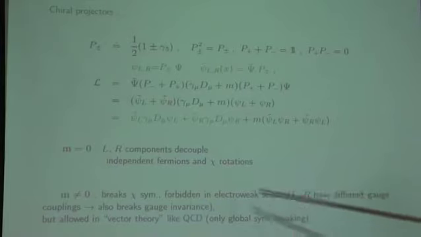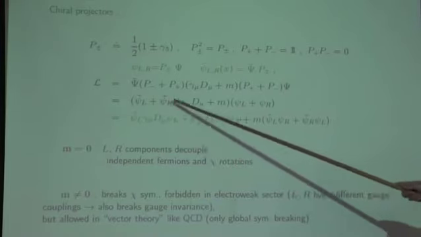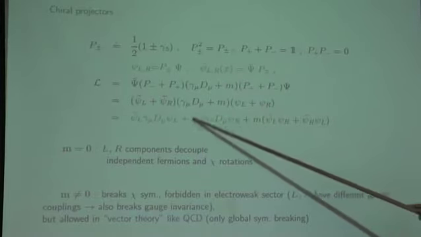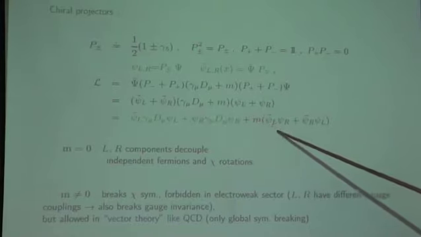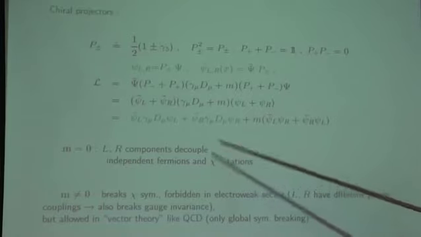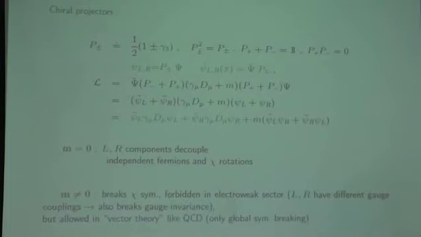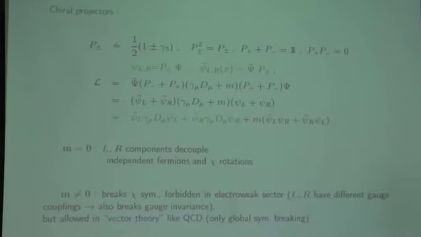So in the kinetic term, we have only left-handed fermions, that's why this notation is useful, or right-handed fermions, but they are completely independent. If we have a mass term, then they mix. So you can say for mass 0, they decouple completely. They do not know anything about each other, so they can be considered independent fermions, and we can perform independent chiral rotations.